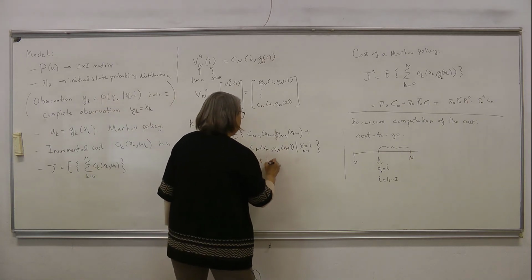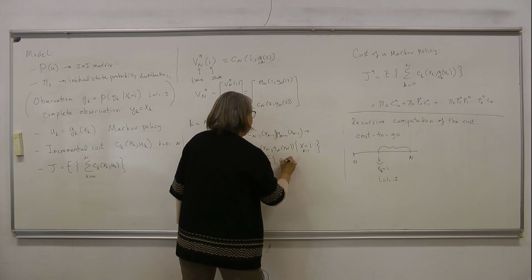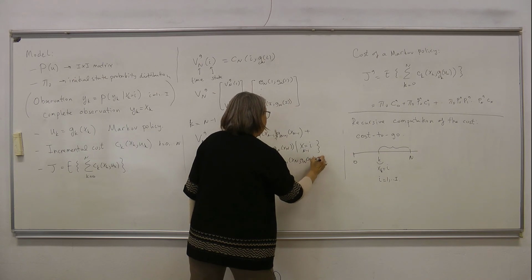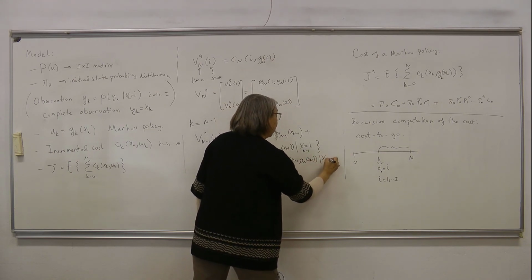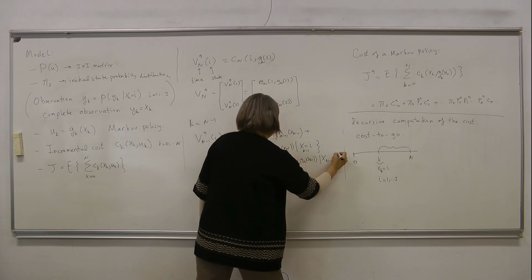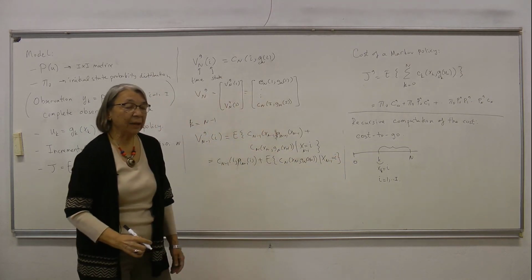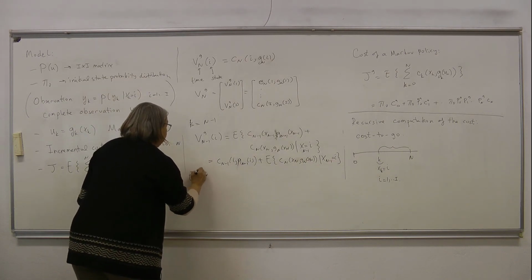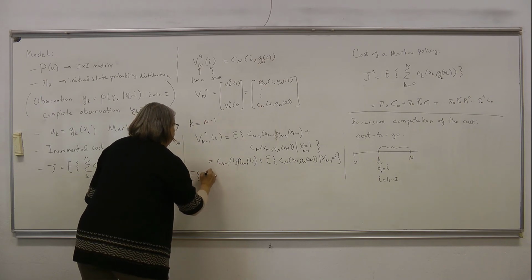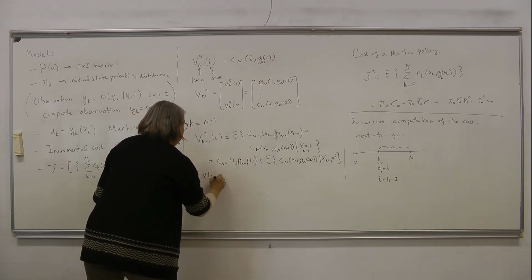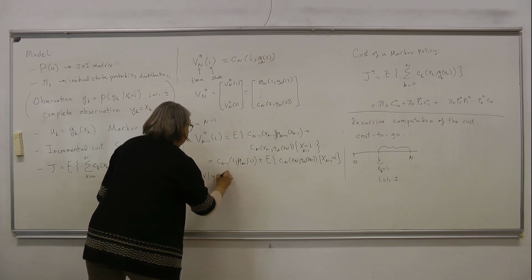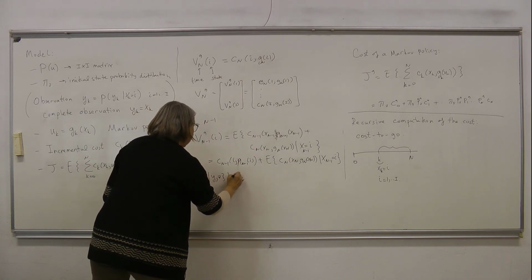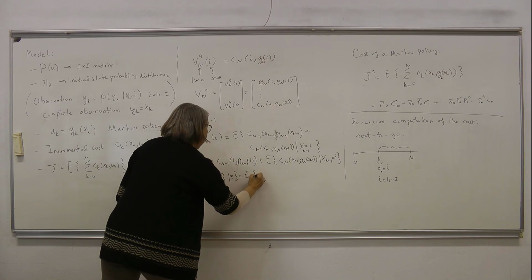The second term is the expected value of C sub n of x_n, g_n of x_n, given that x_{n-1} is equal to I. Now, to calculate this expected value, we will use the fact that the expected value of the expected value of x given y and z, given z, is exactly equal to the expected value of x given z.